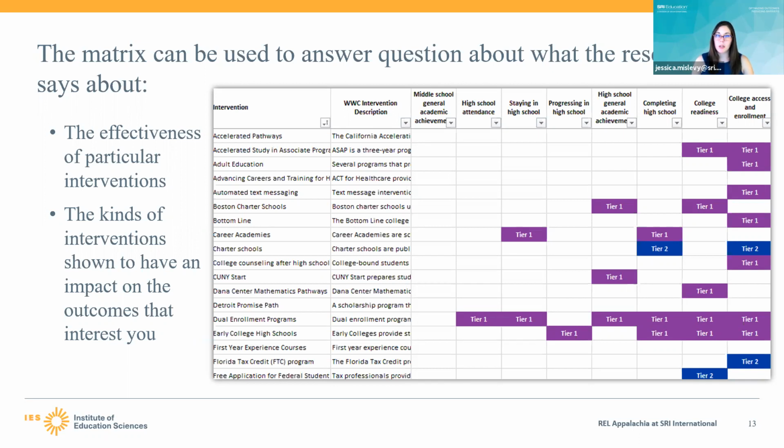You can also use the matrix to answer questions about what kinds of interventions have been shown to have an impact on the outcome of interest. So for example, what interventions have been proven effective for increasing college credit accumulation and persistence? Or what interventions have been proven effective for promoting academic achievement in high school? Let's take a closer look at what the matrix contains.